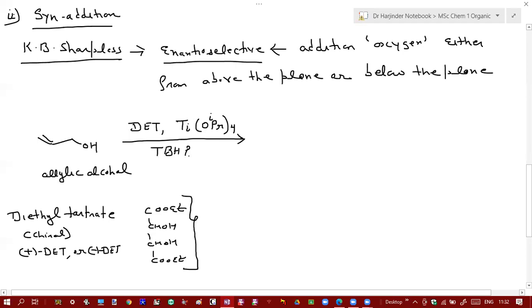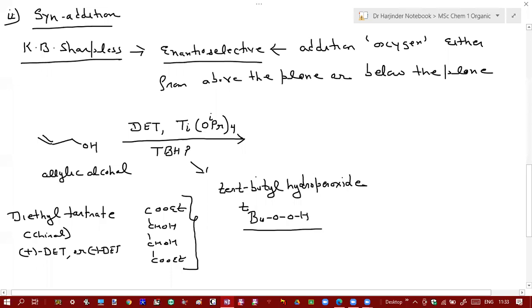And TBHP. So what is this TBHP? It is tertiary butyl hydroperoxide. These three reagents are used. That means you have a tertiary butyl group, hydroperoxide, so you have oxygen, oxygen, and hydrogen.